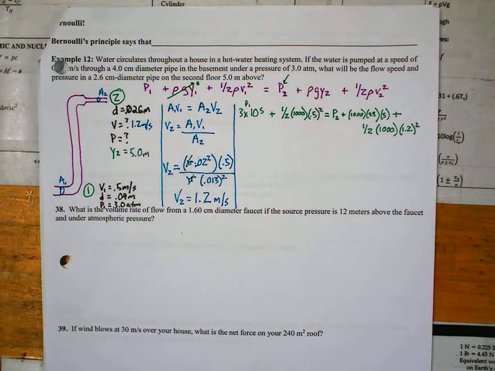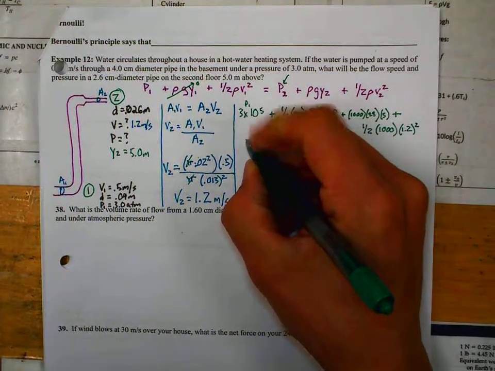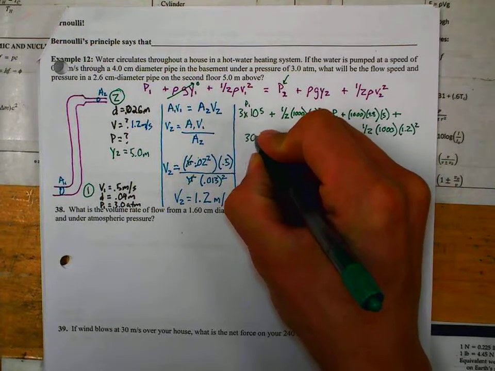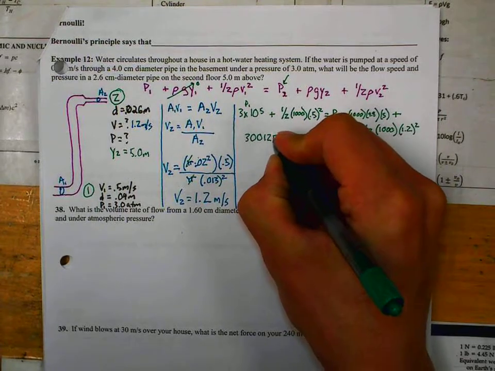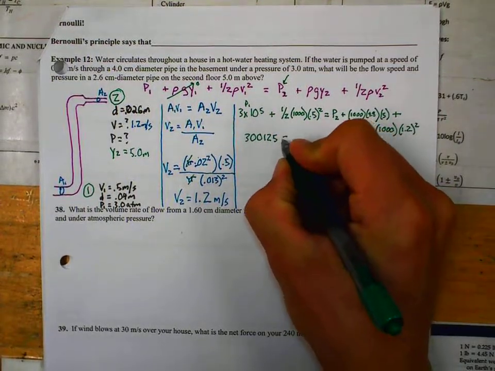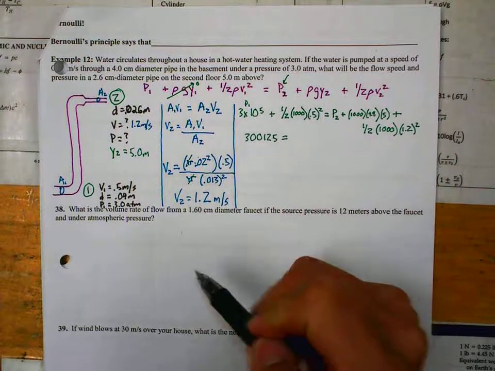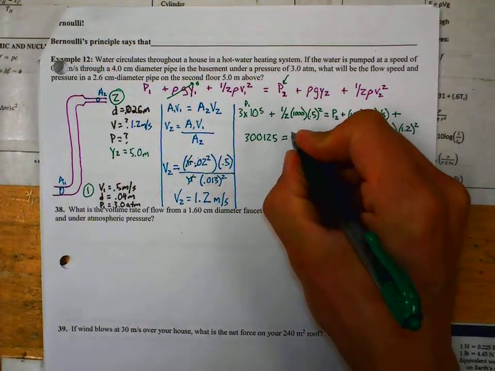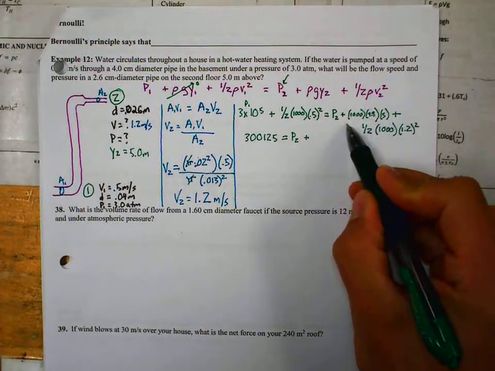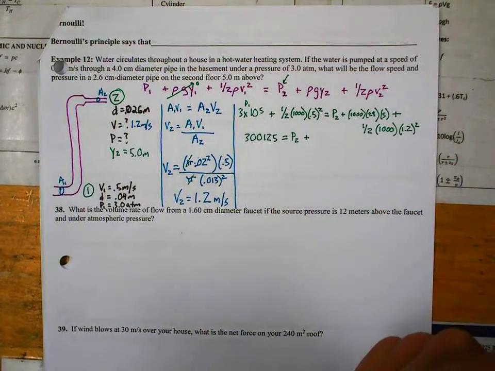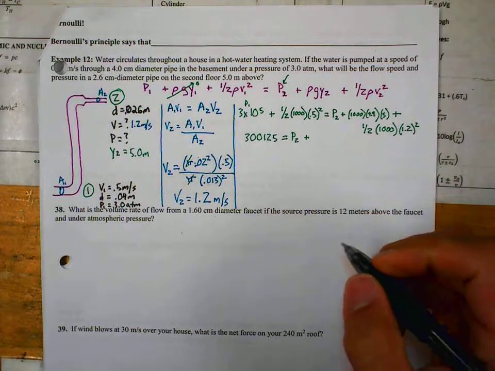Alright, you guys punching this in? I'm going to write an intermediate step. Okay, so I added those two and got that equals P2 plus, and then all of this when multiplied and added together should get 49,720.